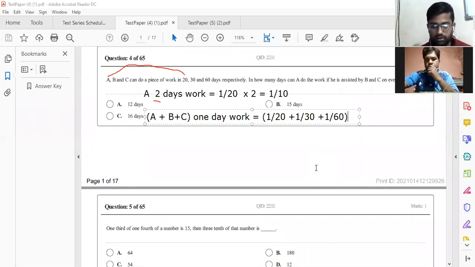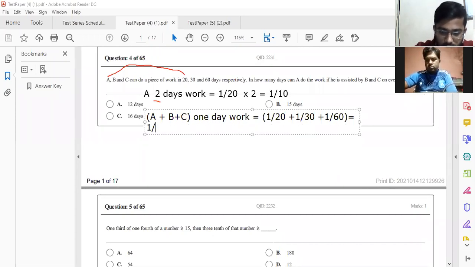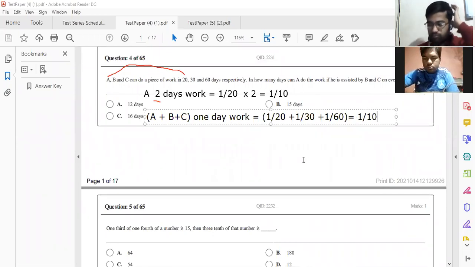Okay. So if you take the LCM, you will get 1 by 10. Okay.